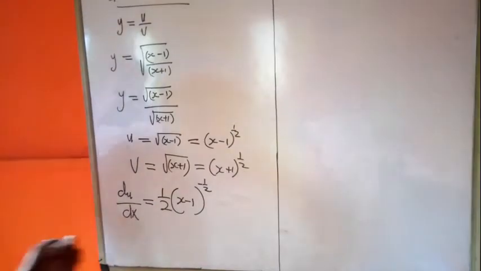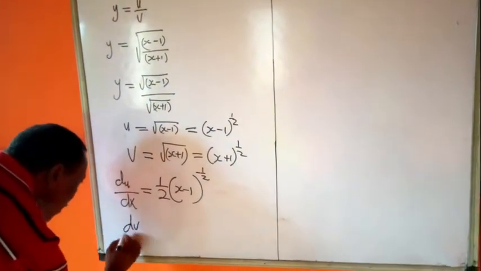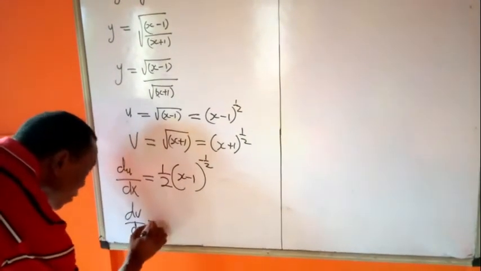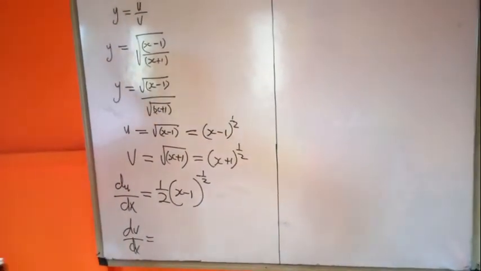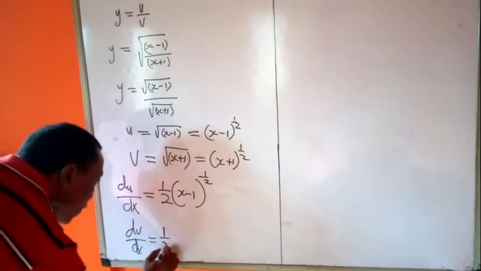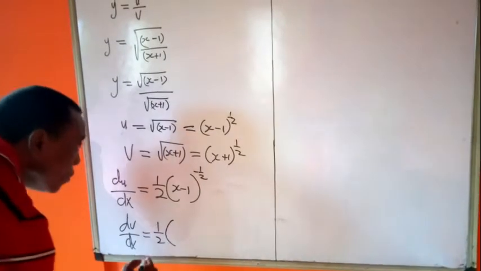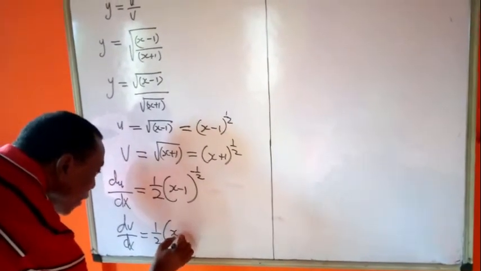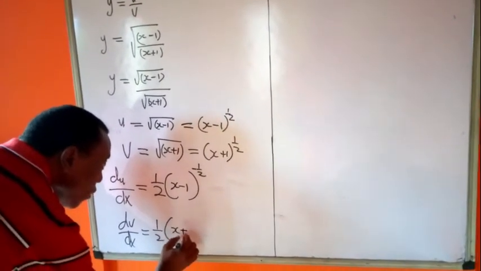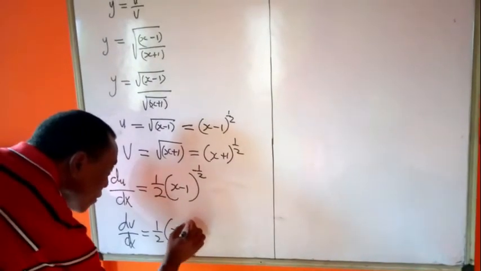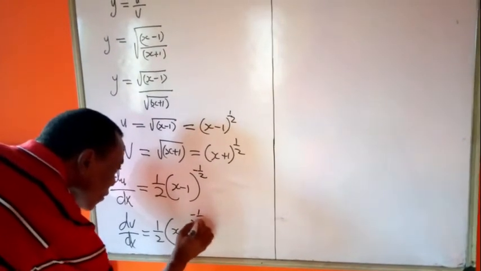Then dv dx will also give us half into x plus 1 raised to power minus half.